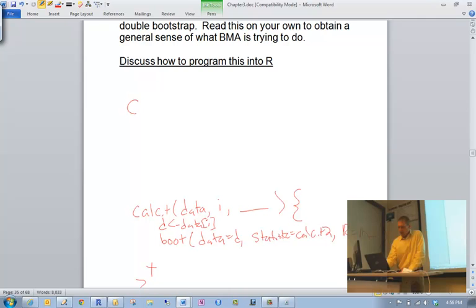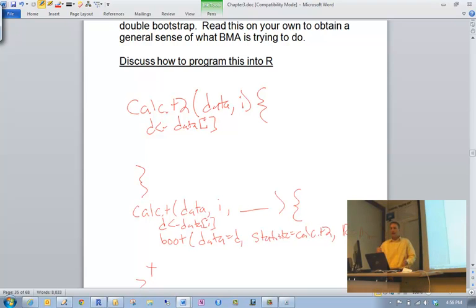So then we have to write calc.t2. Data I. Obviously, D gets data I. And you're going to need to somehow calculate your statistic.